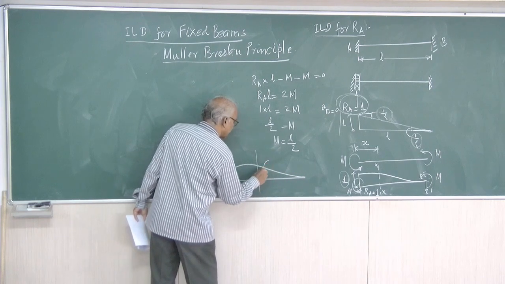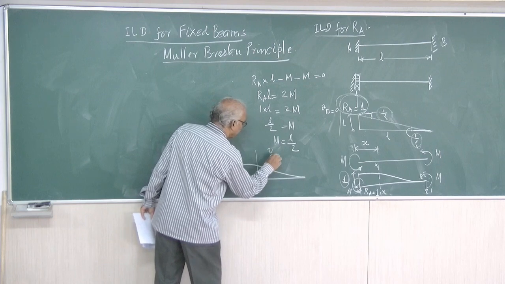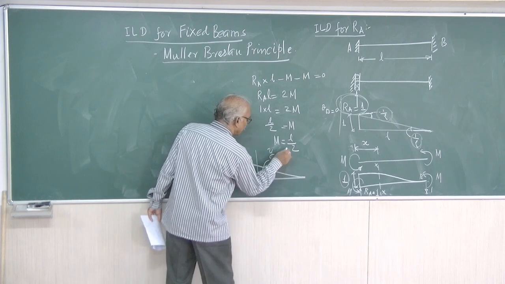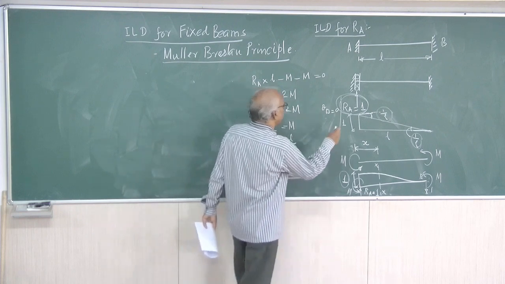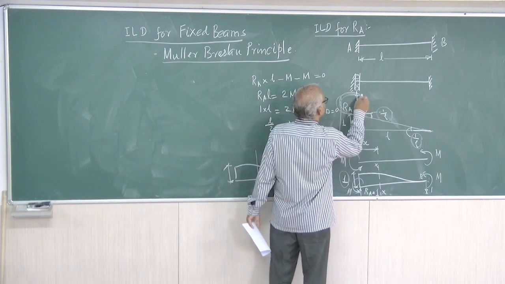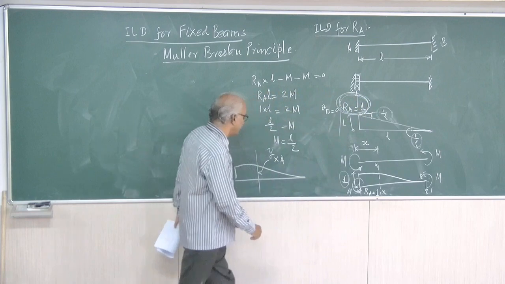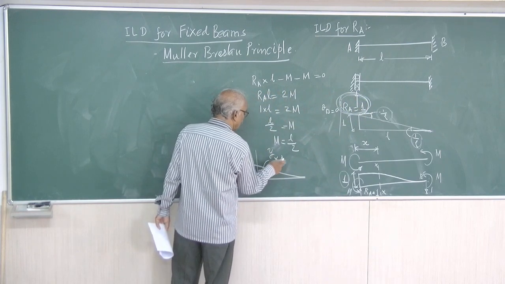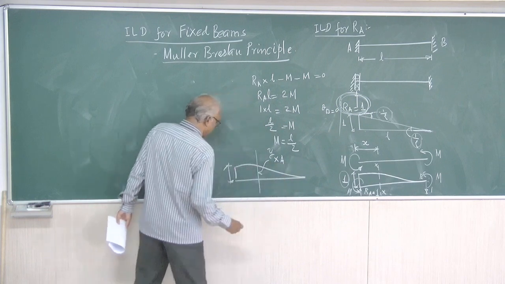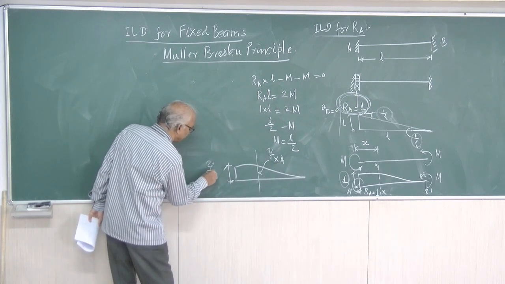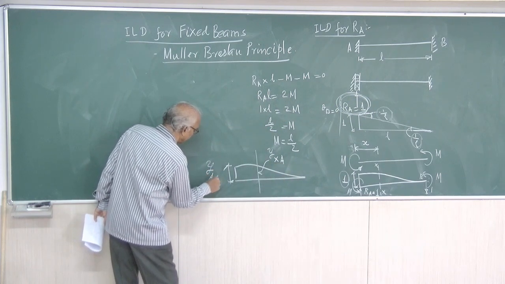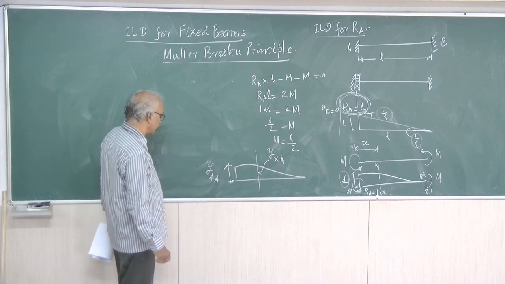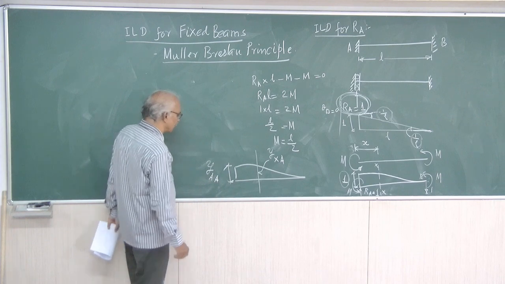So this is the deflection at the point x due to unit force at A. You applied RA equal to unity at A. So due to unit force at A, the deflection at x equals yx. Now this will be the deflection at the point A due to unit force at A.